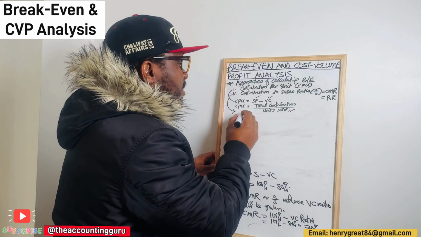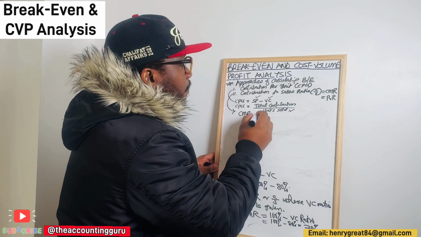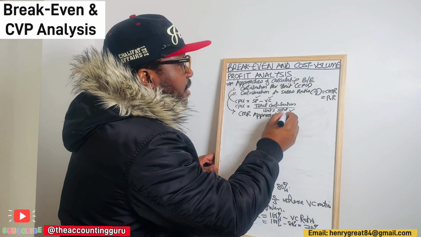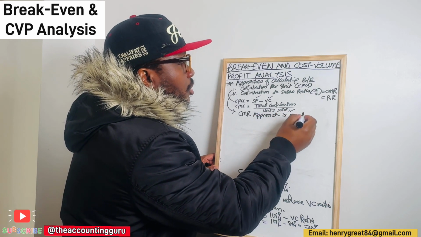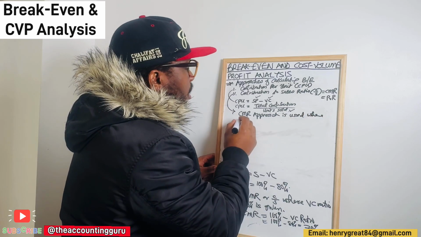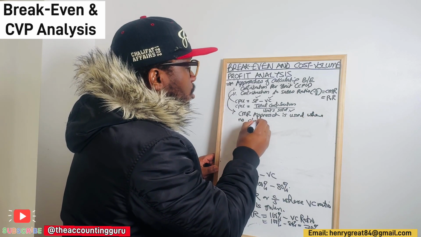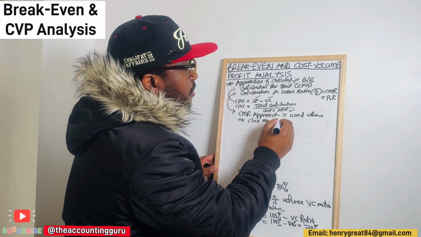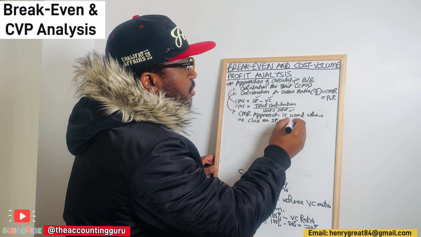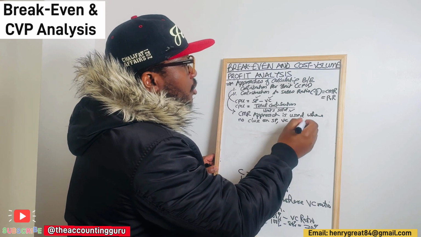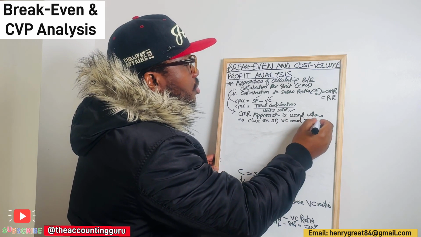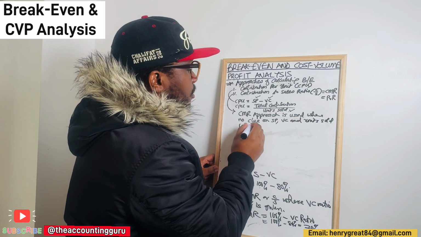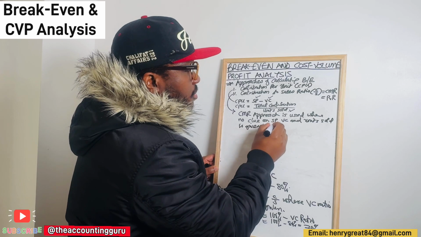So again, we are saying the CMR approach is used where no clue on selling price per unit, variable cost per unit, and unit sold is given in the question.